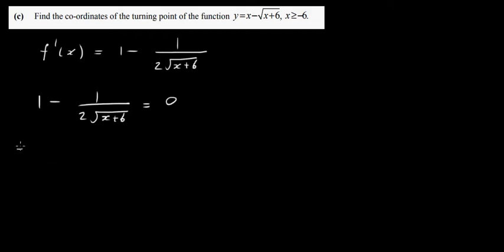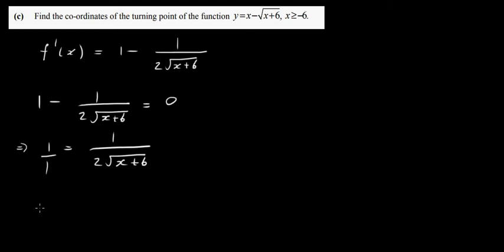So what I can do first is just subtract this term from both sides. That will give me 1 is equal to 1 over 2 times the square root of x plus 6.